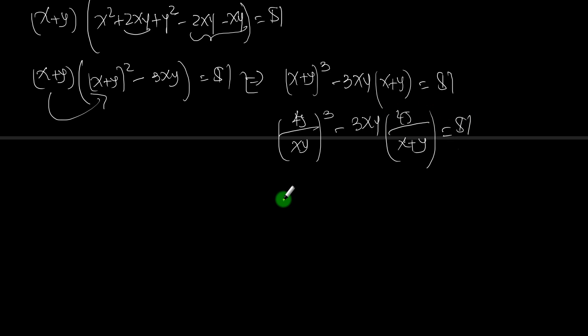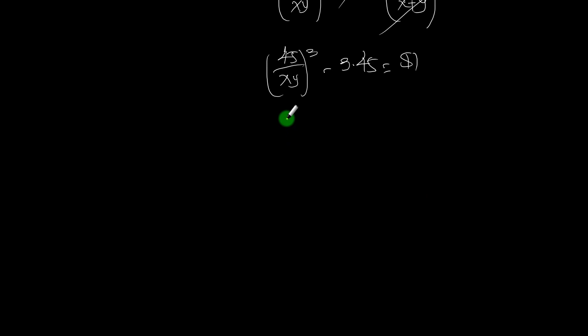So now we have 45 divided by xy to the power of 3 minus, well, cancel this and this, we're going to have only 3 times 45 equals 81. So this is going to be 45 over xy to the power of 3 minus 135 equals 81.